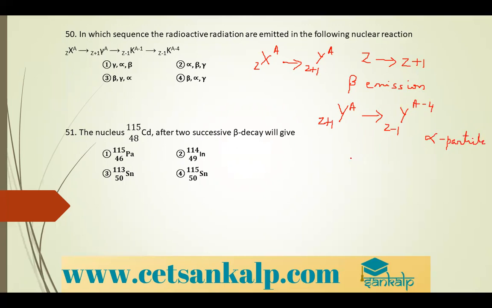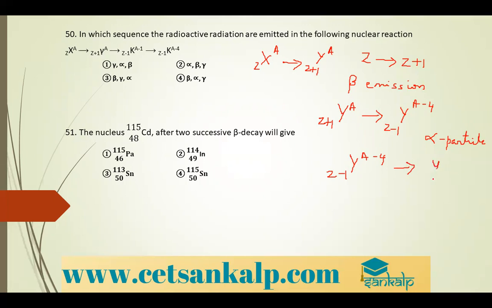The next case, Y goes to K, with A to the power 4 and Z to the power minus 1, that implies it is going to remain the same only.